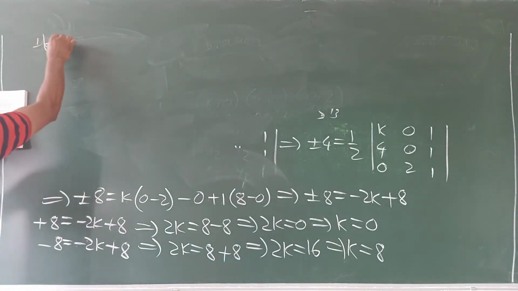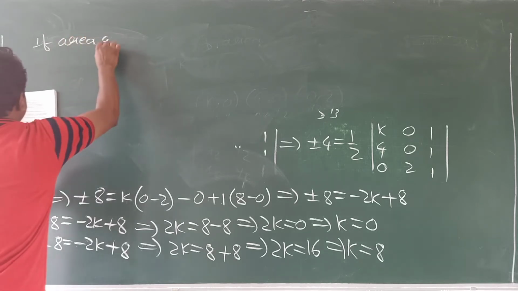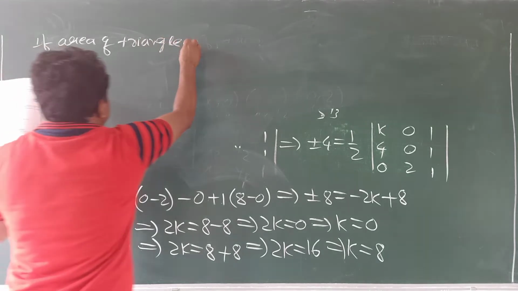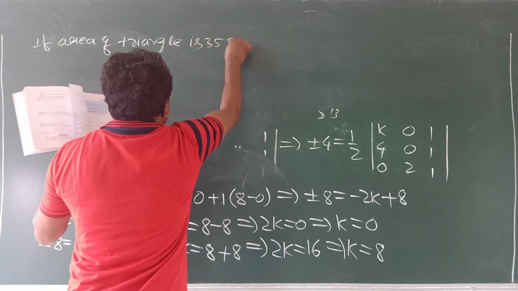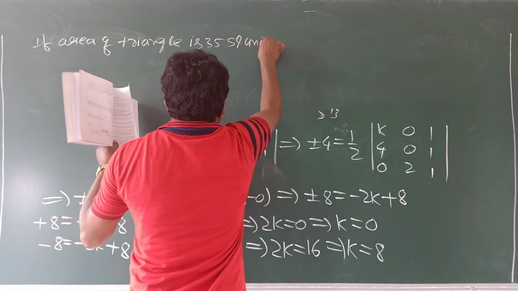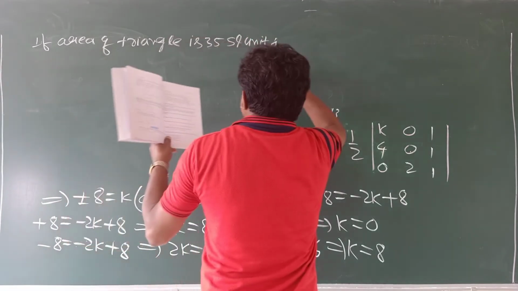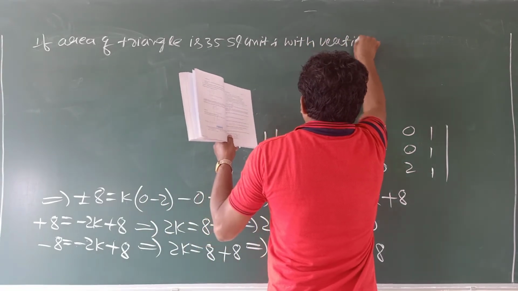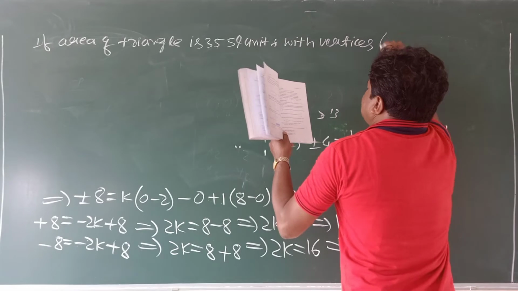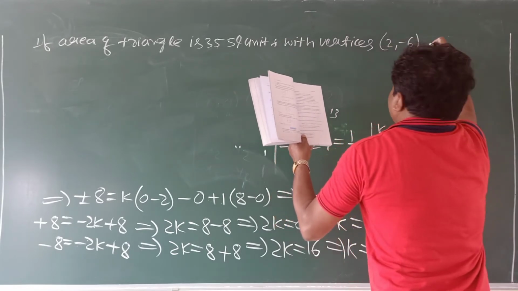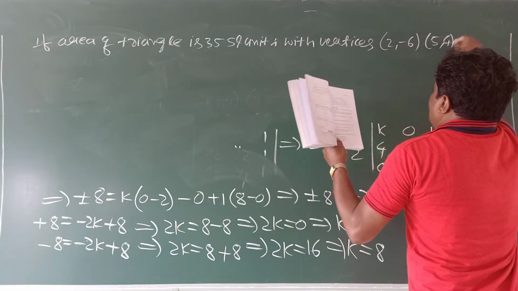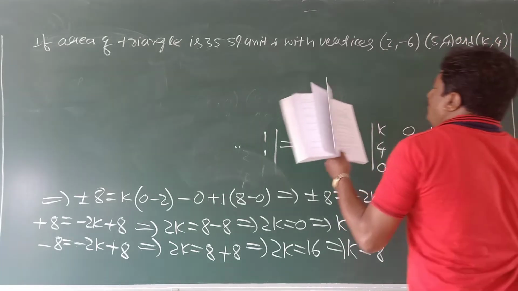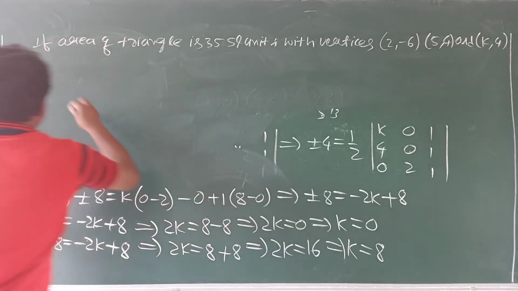the area of the triangle is 35 square units, with vertices (2, -6), (5, 4) and (k, 4).